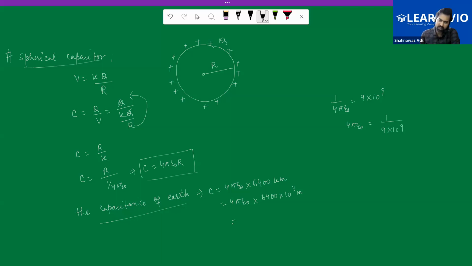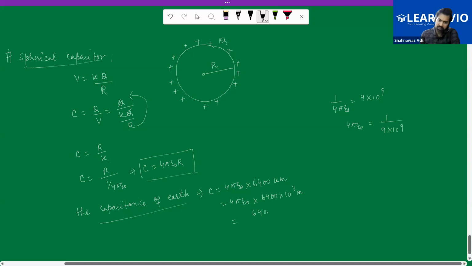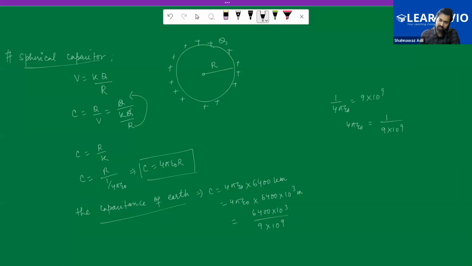So this is 6400 into 10 to the power 3 divided by 9 into 10 to the power 9. So this is 64 by 9 into 10 to the power 5 minus 9.